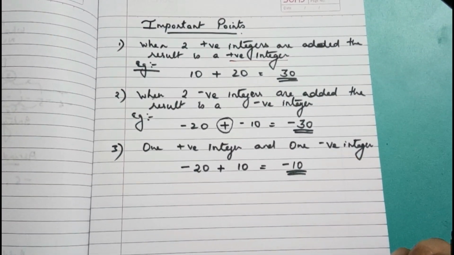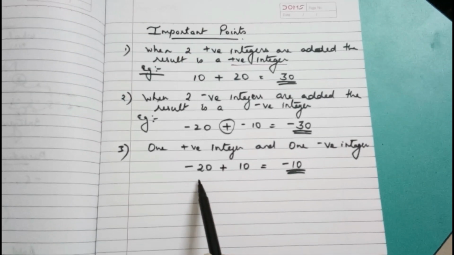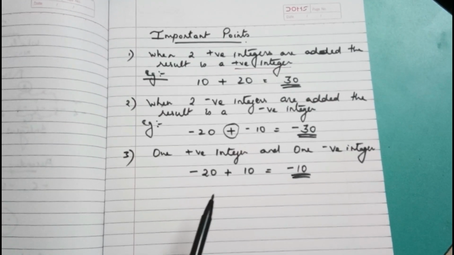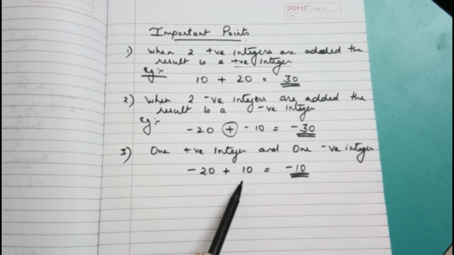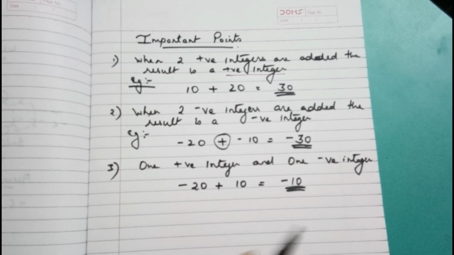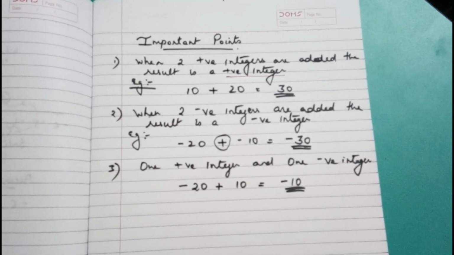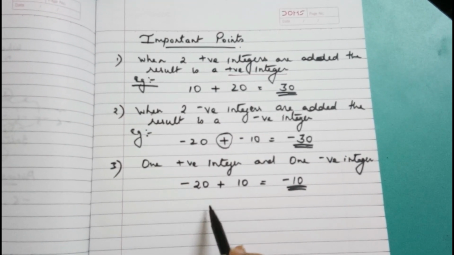I'll explain how and why. In this case, when one is a positive integer and one is a negative integer, what we need to do is take their difference. We need to subtract. Why? Because one is negative and one is positive. So we need to find the difference and then put the sign of the bigger number.